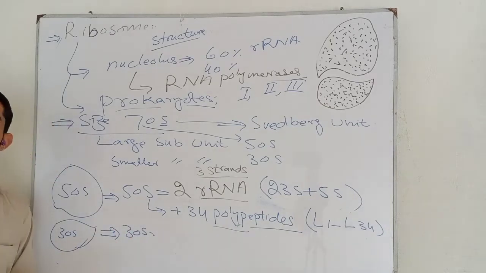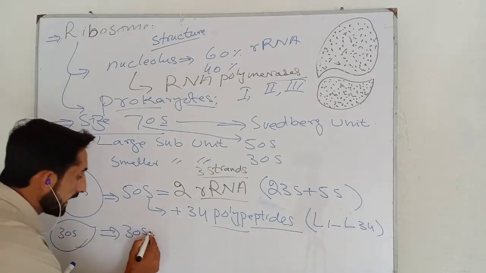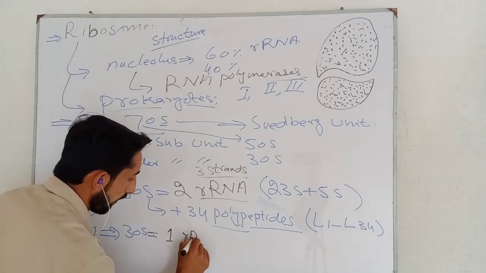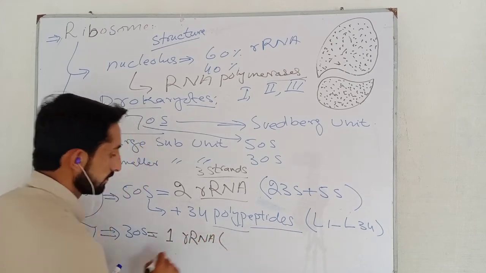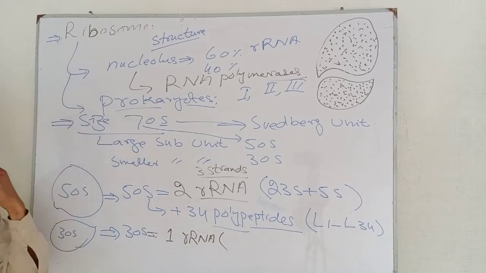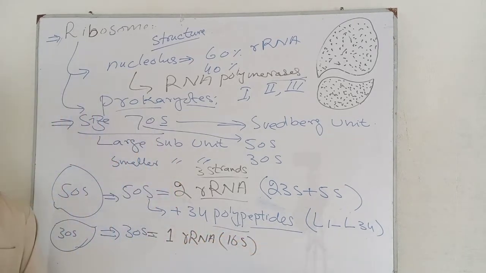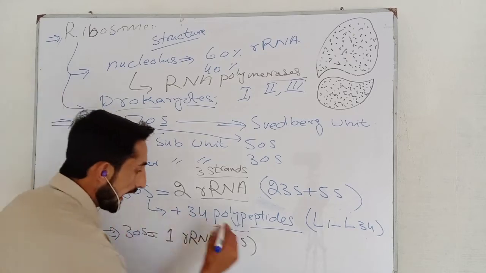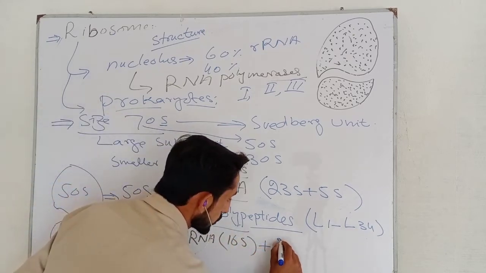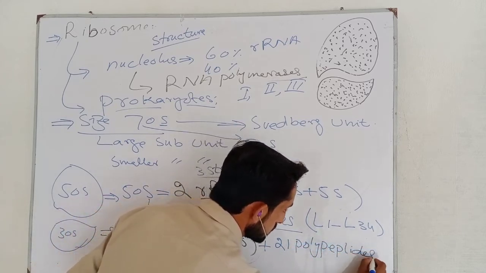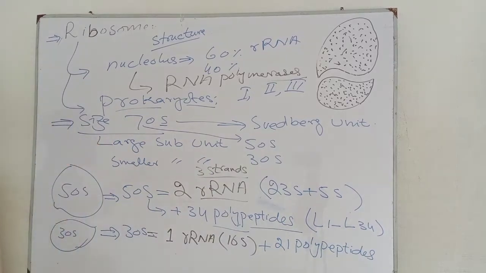This 30S has only one ribosomal RNA, which is 16S, and it has 21 polypeptides. It has 21 polypeptide chains in the smaller subunit.